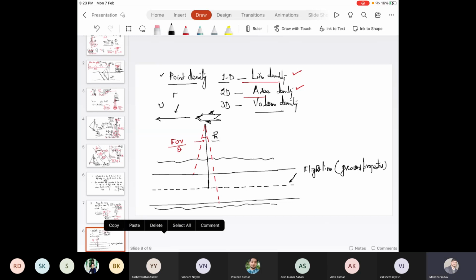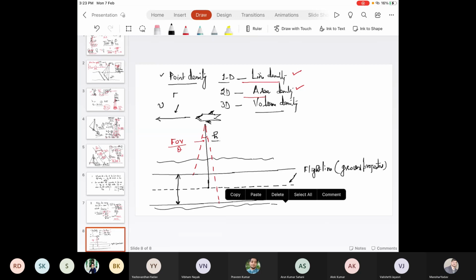This is the width of this area strip that is covered along one flight line. Let's say we call it W. And this W is also called swath.